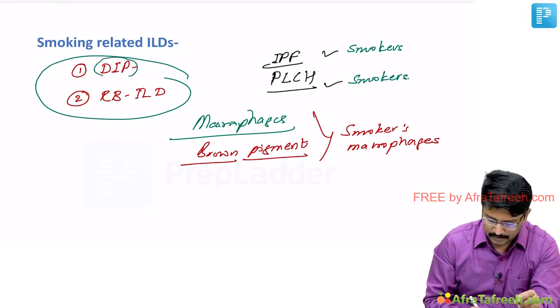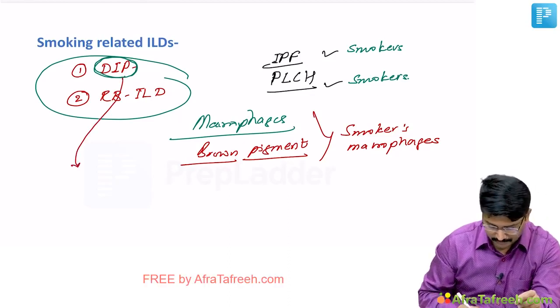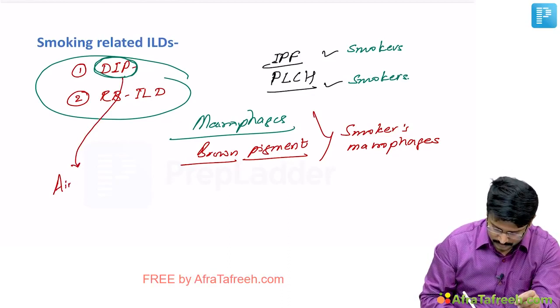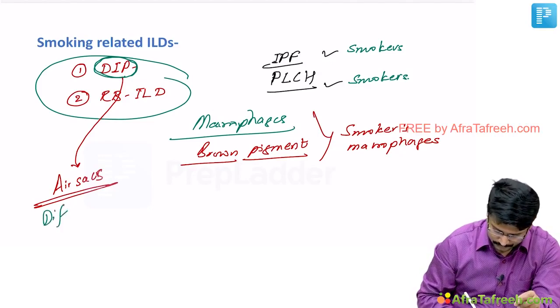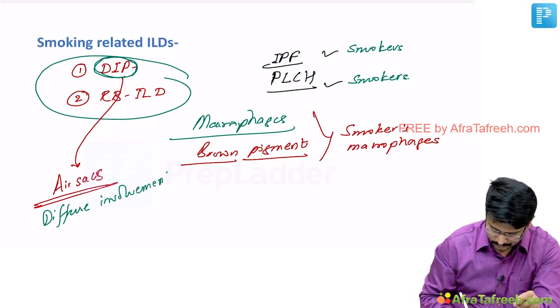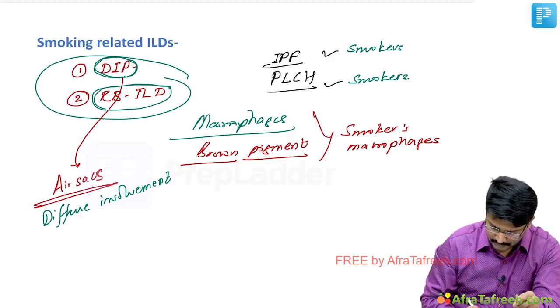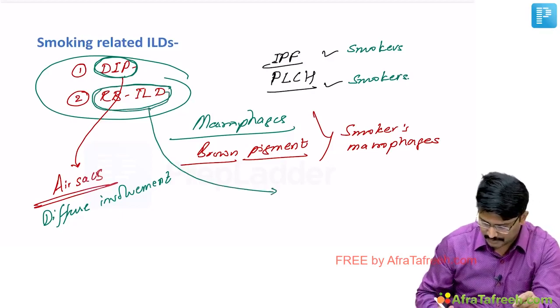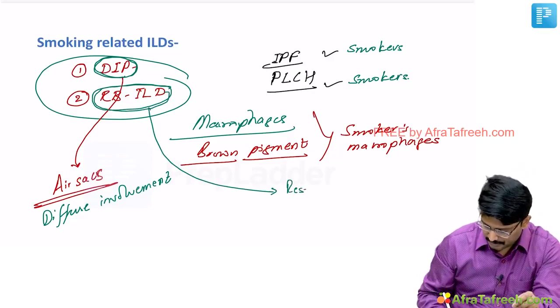In desquamative interstitial pneumonia, the macrophages invade the air sacs or alveolar sacs, and hence it has more diffuse involvement when compared to respiratory bronchiolitis related interstitial lung disease, in which the involvement predominantly affects respiratory bronchioles.